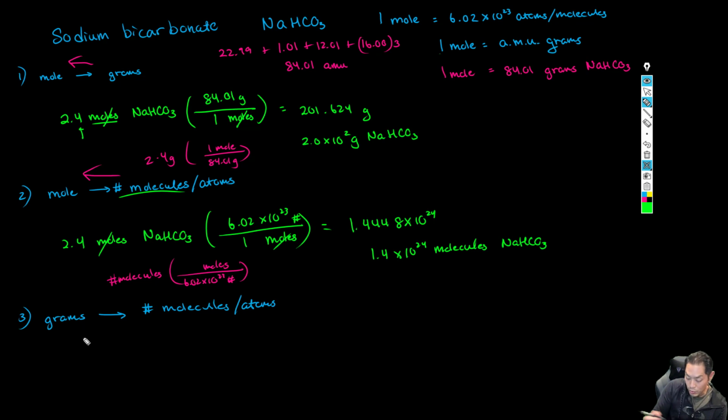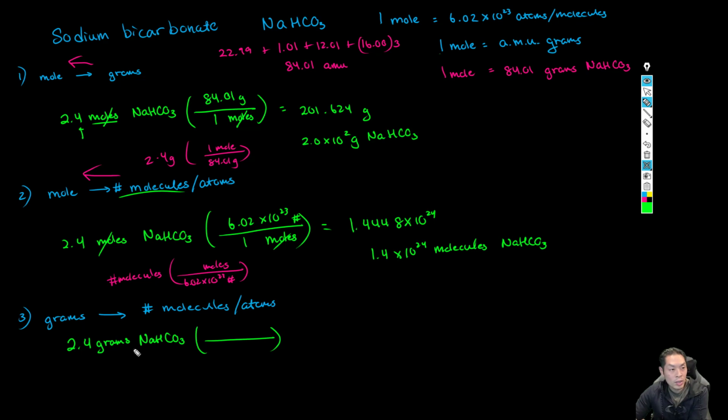So let's say we do have 2.4 grams, and I'm going to keep it NaHCO3, sodium bicarbonate, just to make my math easier because I already know its molar mass. So here I have grams, and I want to eventually get to molecules.